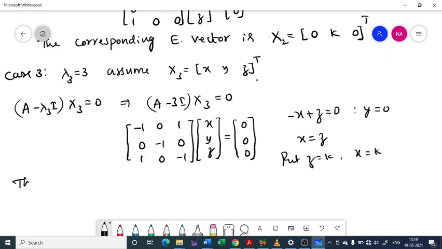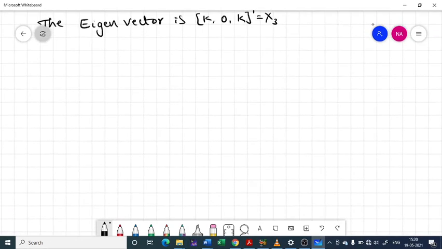The eigenvector is k 0 k transpose, that is equal to X3. So that completes problem B. Next, problem C.